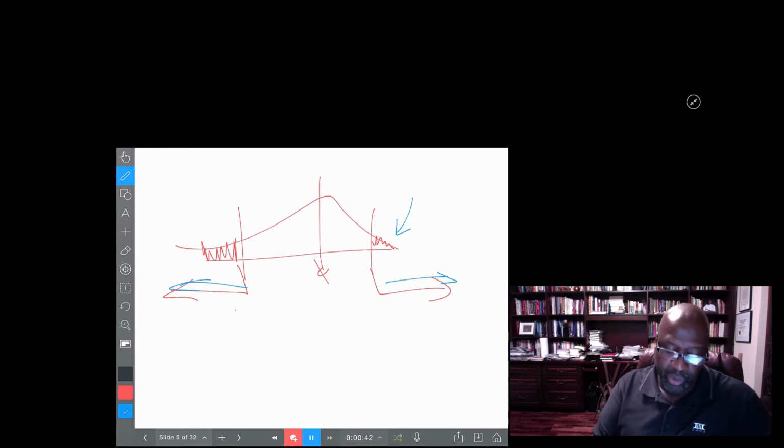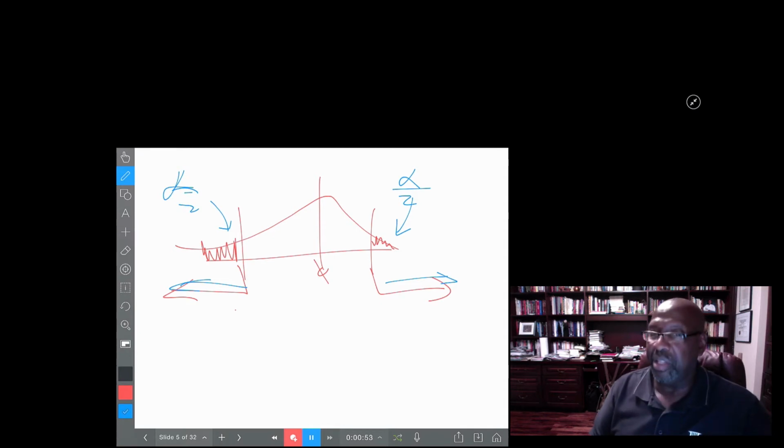Because the total size of a rejection region, which is my risk of committing type 1 error, is alpha, I must divide it into 2, alpha over 2. And it's starting to look like the kind of information we have of a confidence interval. They are actually related, because in a two-tailed test, you could replace it by a confidence interval. All right.